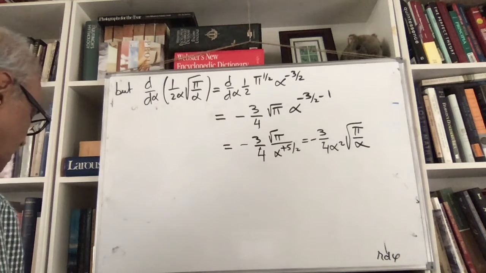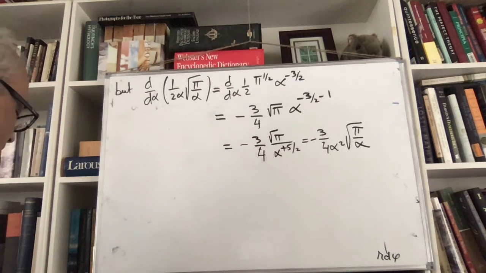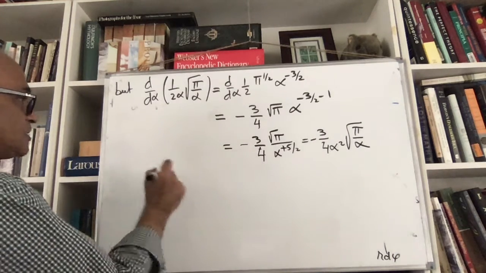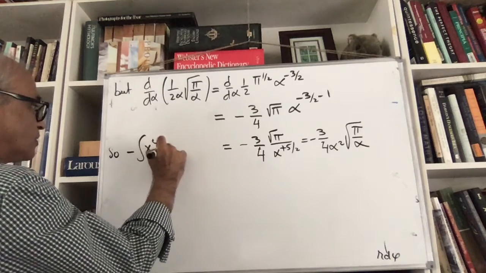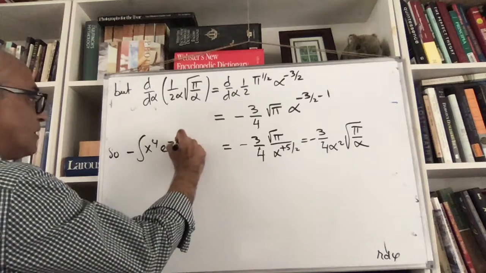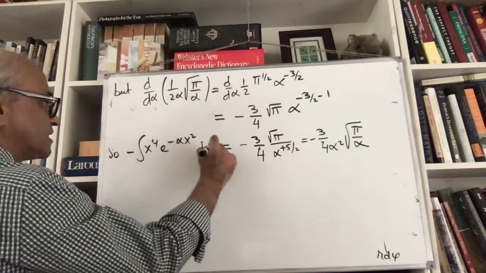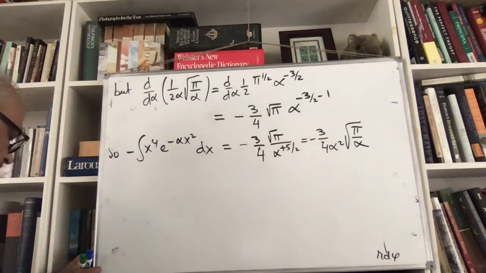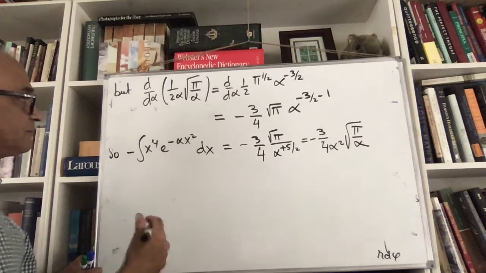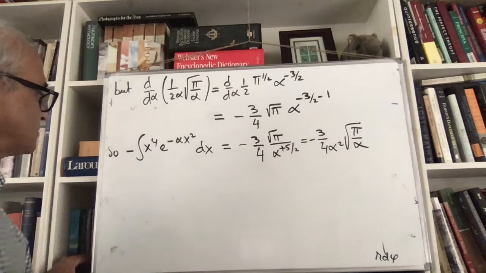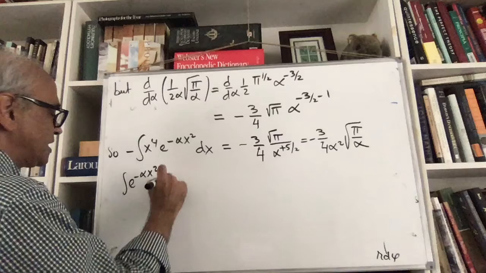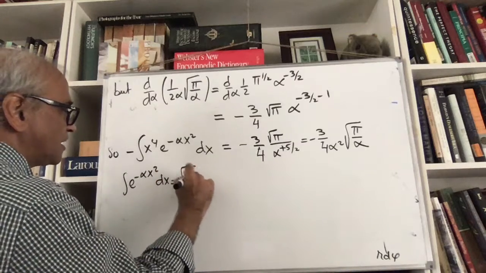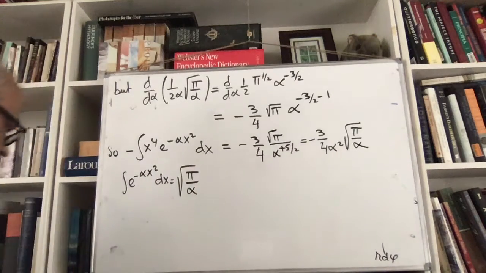But remember that what we're looking for is negative x to the power 4 e to the power minus alpha x squared dx equals that. So let's organize this one more time. The first one was e to the power minus alpha x squared dx. That just gives you pi over alpha, right?